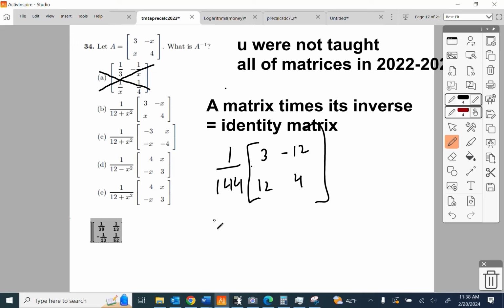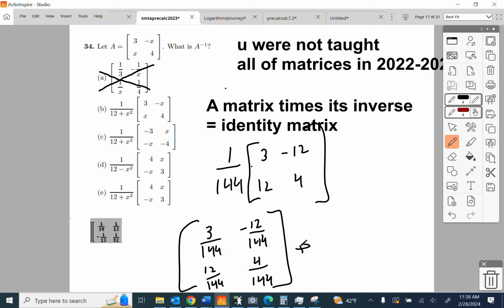Here I would have 3 over 144 inside the matrix, -12 over 144 inside the matrix, 12 over 144 inside the matrix, 4 over 144 inside the matrix. 3 over 144 is not going to reduce to 1/39. Hope I'm not wasting some time here again. If 3 doesn't work, -3 won't work either. Now will it? I know x be 12.